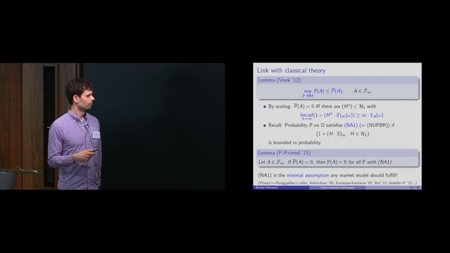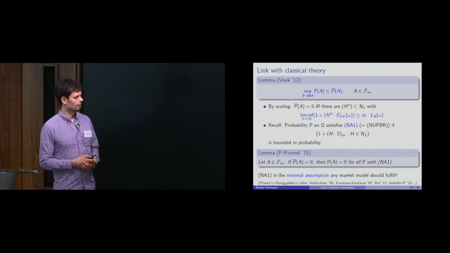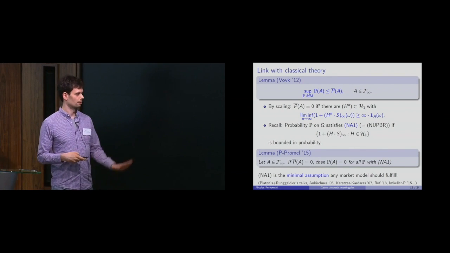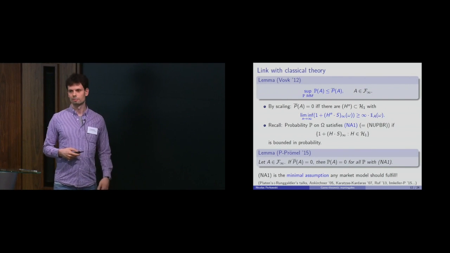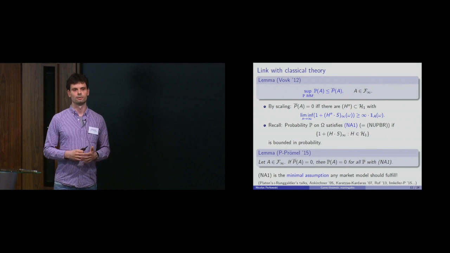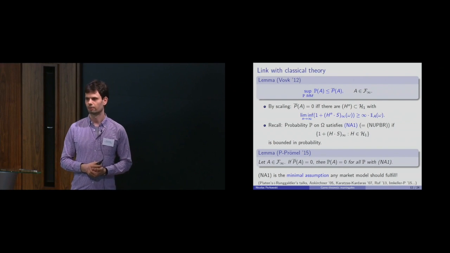I think the first work where these kinds of results were shown is in Ankirchner's PhD thesis, and then Karatzas and Kardaras generalized that, and then there were lots of other papers. Actually, I'm omitting many here. But the nice thing is, if we show something under P bar, it holds for all these measures, and the rest of the measures don't interest us anyway because they're not relevant for math finance.